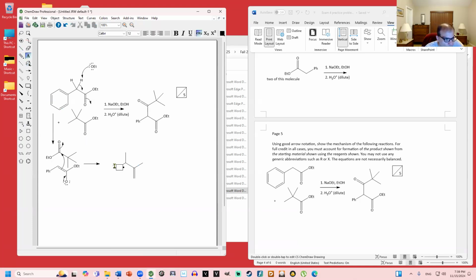We've got a phenyl group over here. We've got double bond O over here. This is the bond we just formed. And attached to that carbon, we've got ethoxy. We've got O minus.